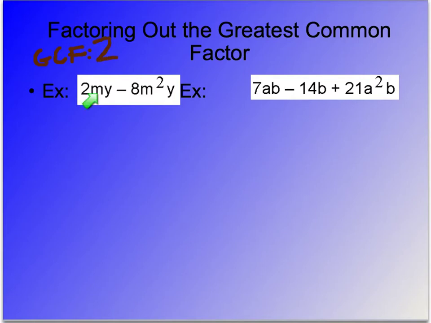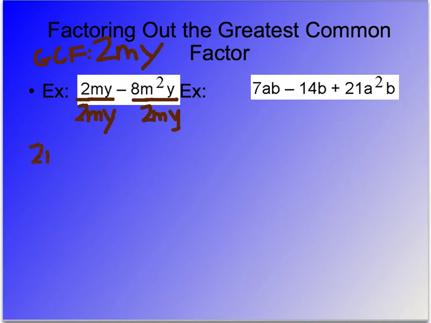And then I notice that both of the terms have an m, the lowest exponent between m and m squared. So m is part of my greatest common factor. And I also notice that they each have a y, and they're the same exponent, so I'm going to go with just y. So I'm going to take my greatest common factor and divide it into each of these terms.